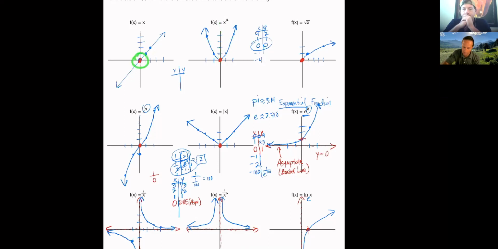This one is actually symmetrical about the origin. So if I go over 3 and up 3, this one will be -3, -3. It's the exact opposite of what this is. So it's got symmetry on both sides of the origin. Another odd one right there. 2, 8, -2, -8.